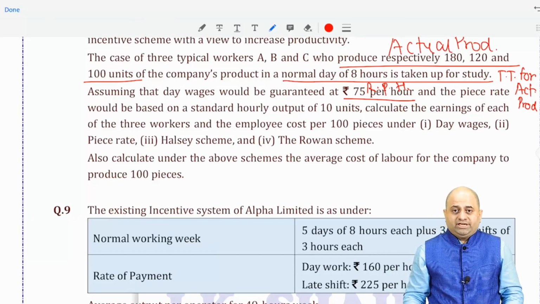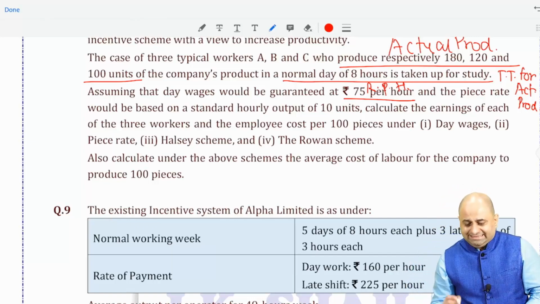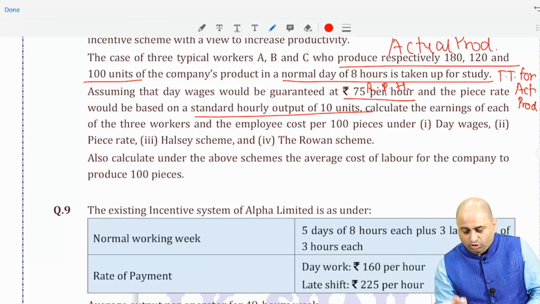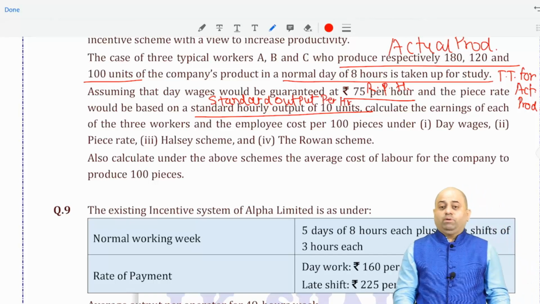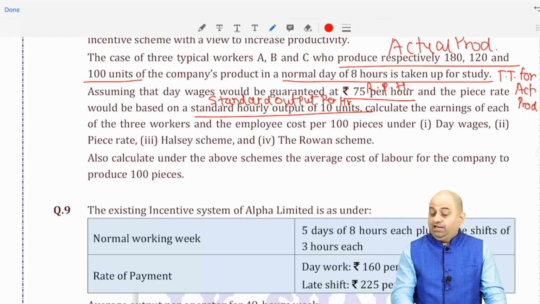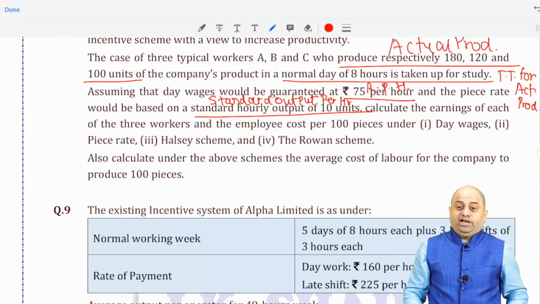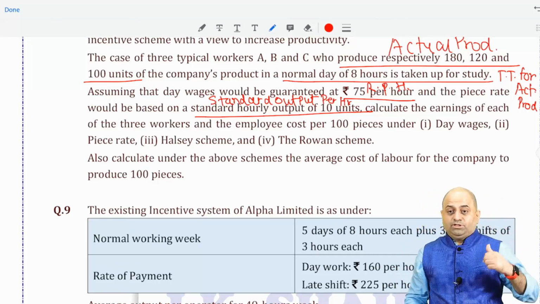And the piece rate would be based on a standard hourly output. This is again nothing else but standard output per hour. Remember, right at the start we did this formula for rate per unit, which said rate per hour upon standard output per hour.